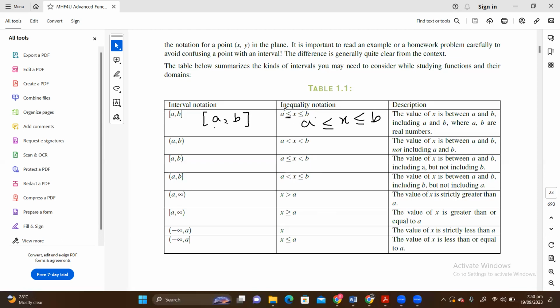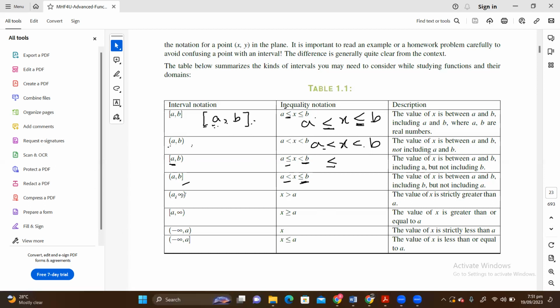Therefore, in inequality notation, we write equal to here because it's a closed bracket and they are included. But here it's an open bracket and they're not included, so we are not going to write the equal to sign, just greater than or less than. Here a is included, so a will have the equal to sign, but b won't. Here b is going to have the equal to sign, but a won't.